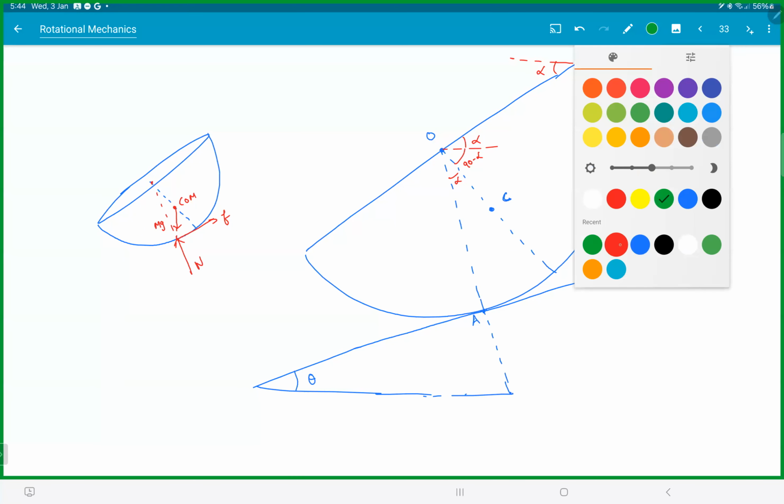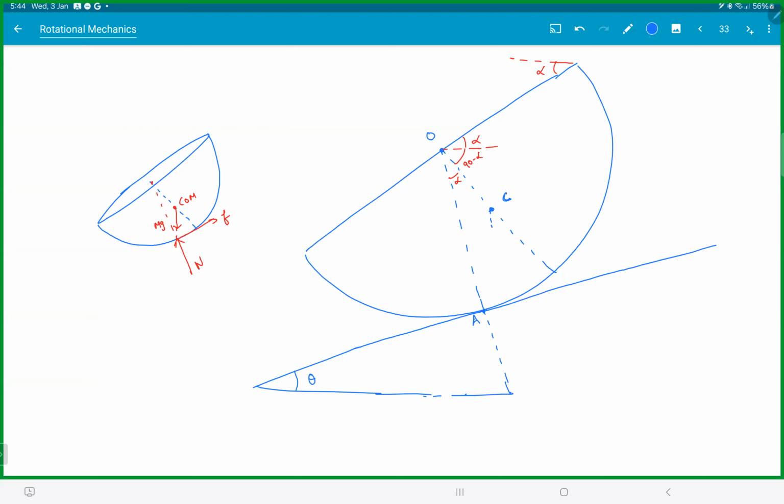And this mg vector, right? It should pass through this point here. That's a vertical line. So if that is theta, this is theta. So this is theta.